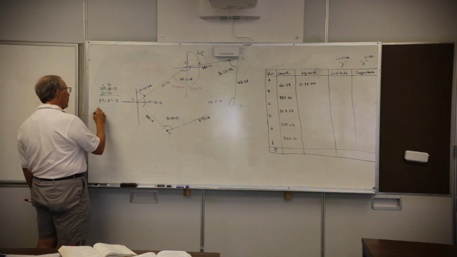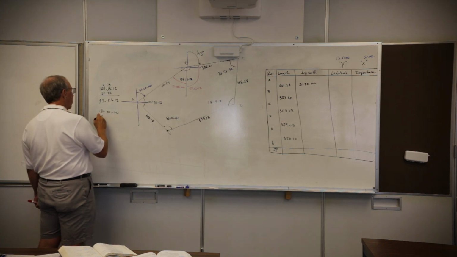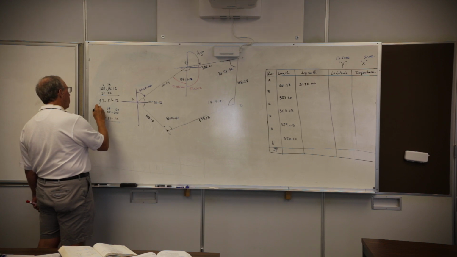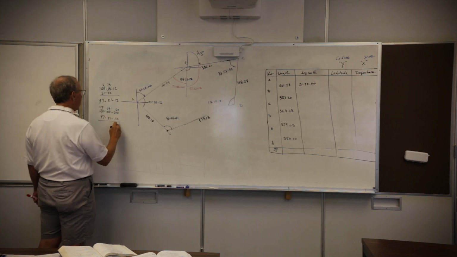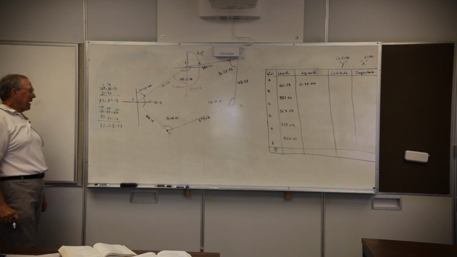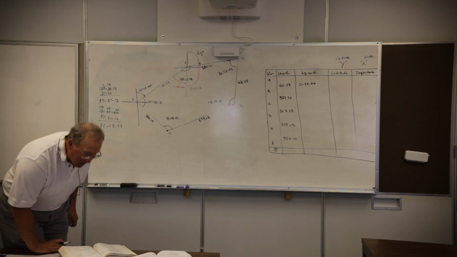So I'll take this. It looks like my azimuth is 82, 08, 48.